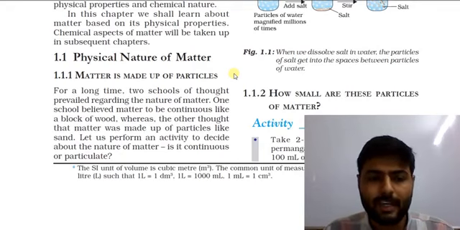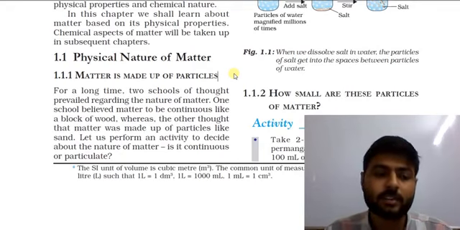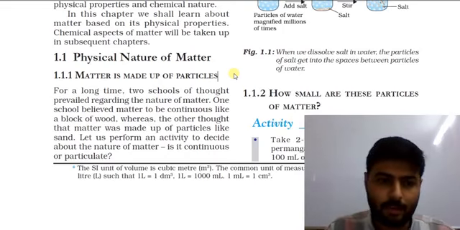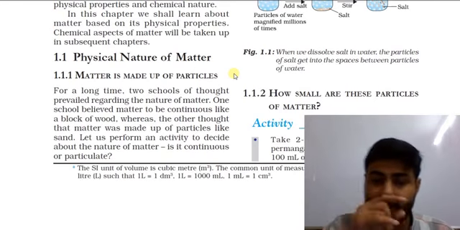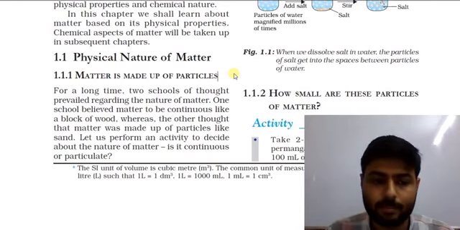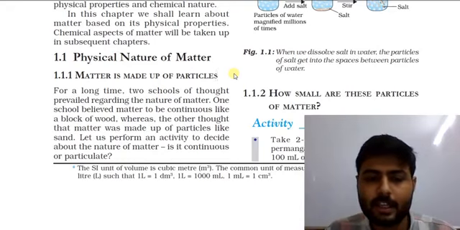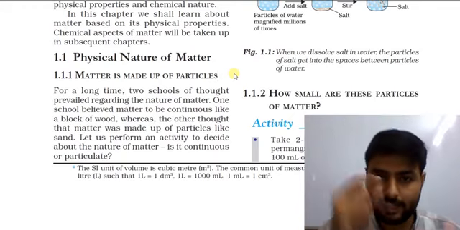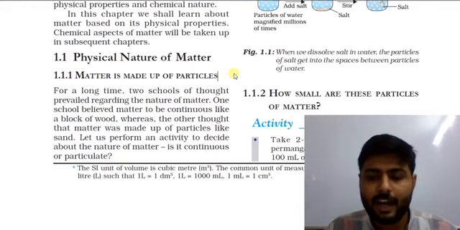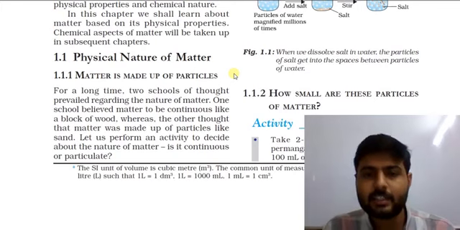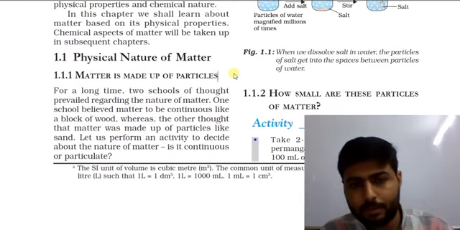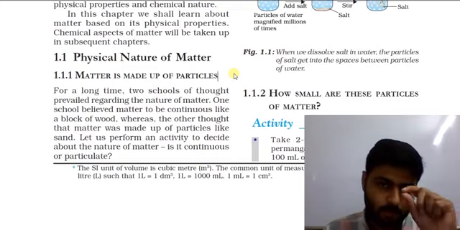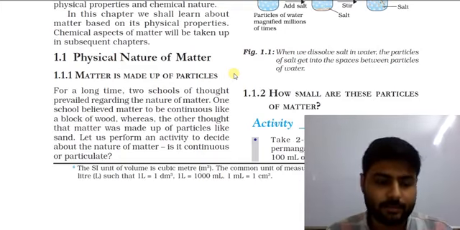One school believed matter to be continuous like a block of wood, whereas another portion of people believed that matter is made up of small particles like sand.